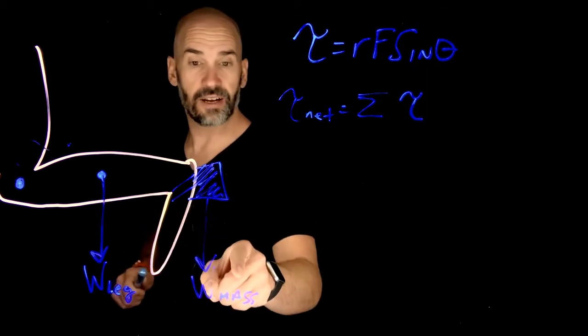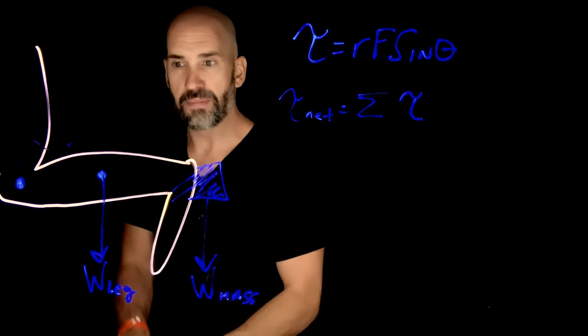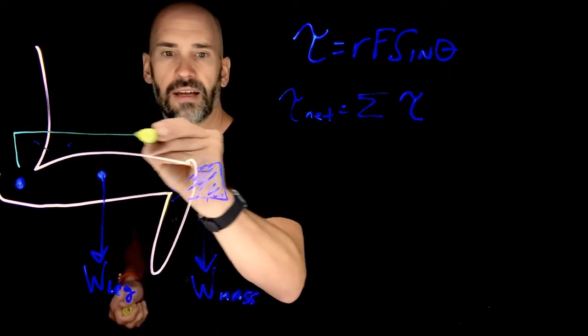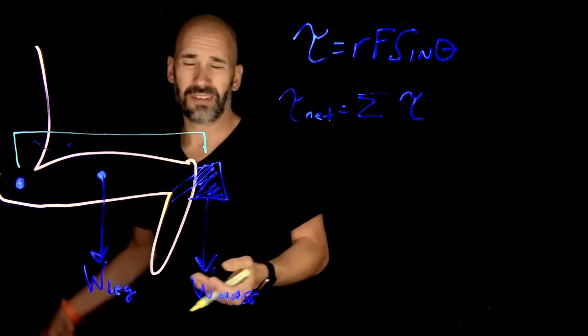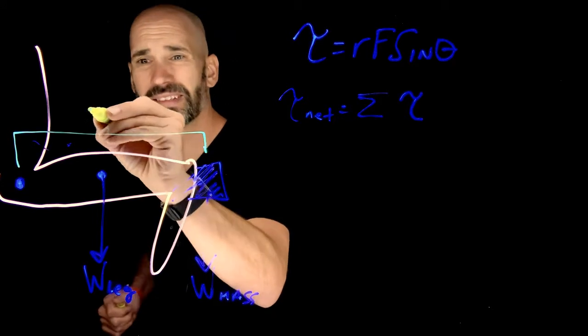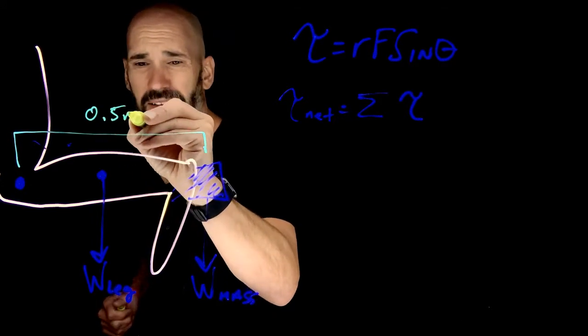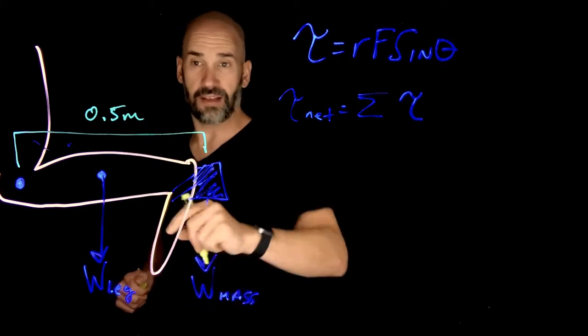In the case of the mass attached to this person's leg, I make this distance here. I don't say it in the problem, but we'll take the approximation that a typical lower leg is about 0.5 meters. So that's my R for the weight of this mass here.